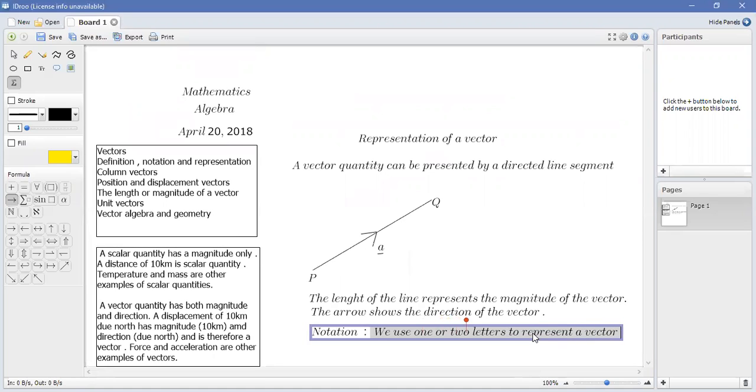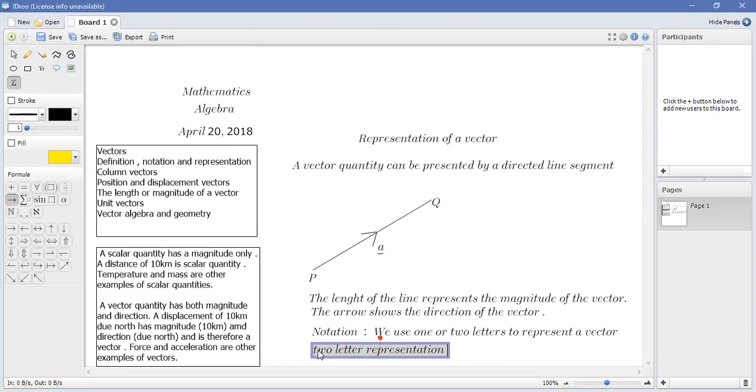Good? As I told you before, now we'll show you the two-letter representation.